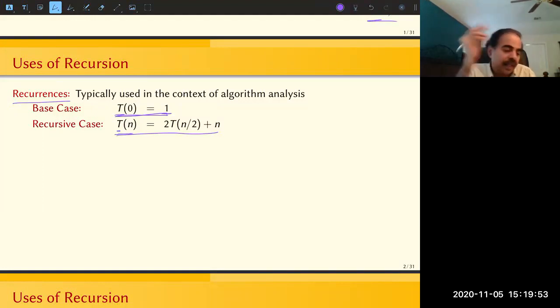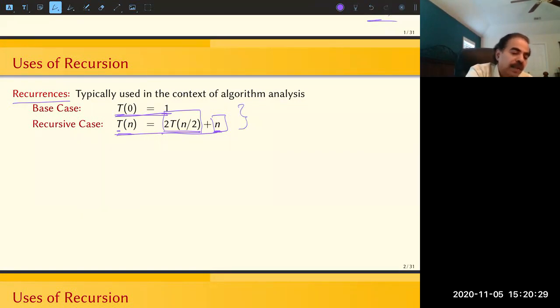If you give it an input of length n, then it's going to spend time proportional to n, and then it's going to require additional time which is proportional to 2 times the time taken to run the algorithm through 2 halves of the input, right? So this is the kind of thing.